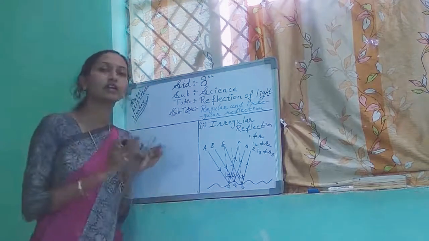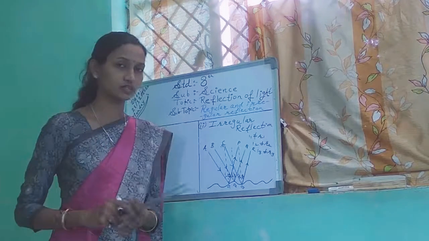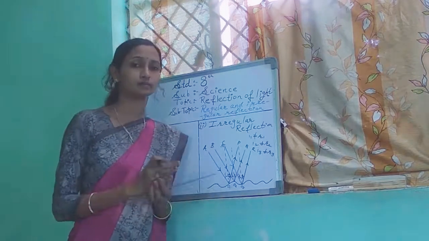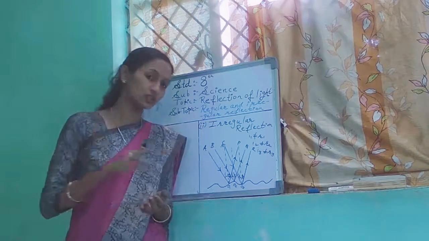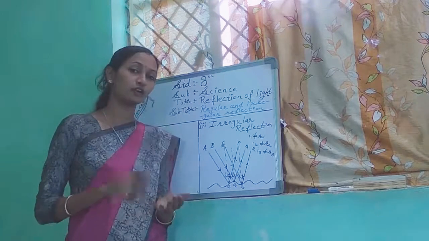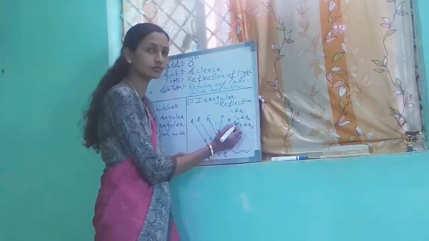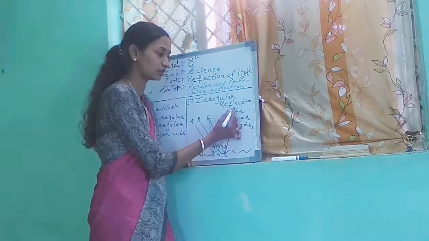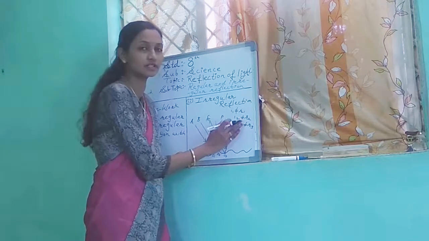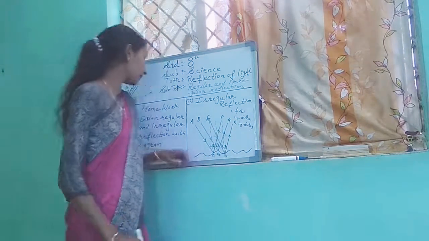We have seen two types of reflection, regular and irregular. In regular reflection, the reflection is from a smooth surface and the angle of incidence is equal to the angle of reflection. In irregular reflection, the rays are not parallel to each other, that's why the angles of incidence are not equal to the angles of reflection.